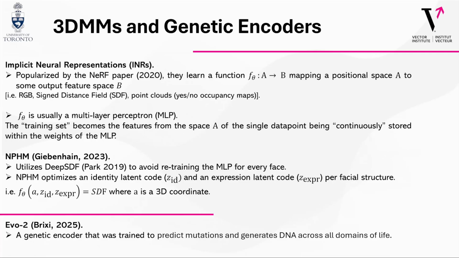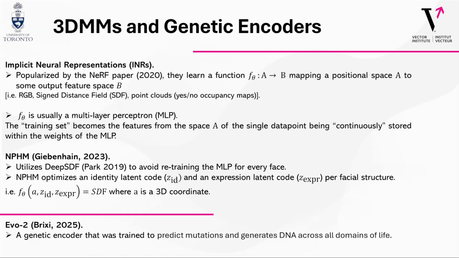Instead of being some kind of input, the input becomes the position: what's at this coordinate X, Y, Z? The model implicitly learns to represent an image, structure, or 3D model from the positions we input. So we can formulate this task as something similar to f of theta given position A, and then output the distance coordinate for the face.